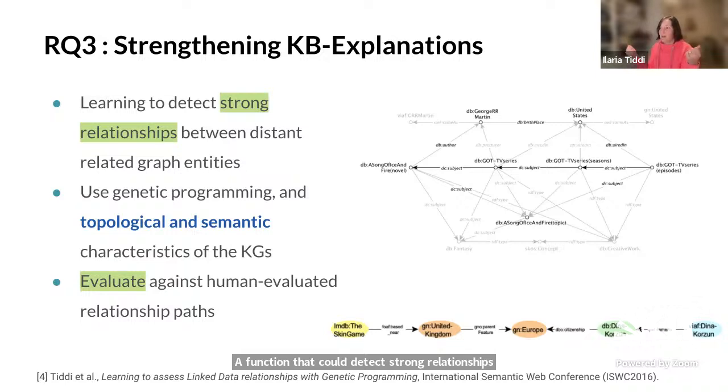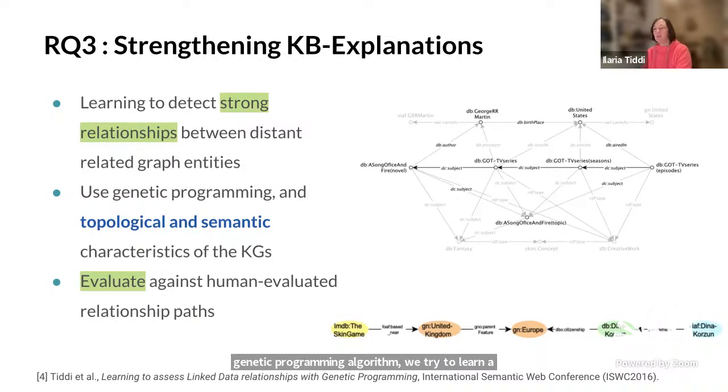So we are not talking about two entities in the same graph, but one entity that is connected to another entity through hops in multiple graphs, in multiple data sets. And then we really want to understand what is the strongest relationship. What we did is that with a genetic programming algorithm, we tried to learn a function that could study the topological and semantic characteristics of the knowledge graph.